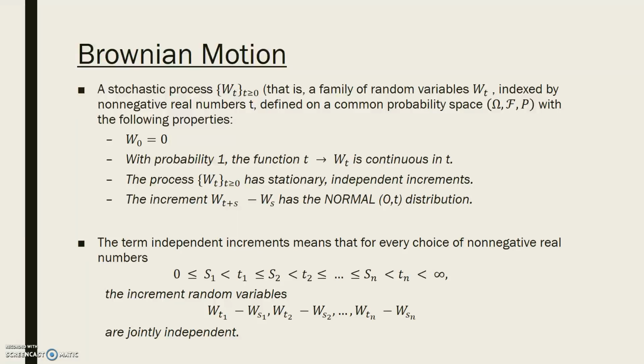And here the term independent increment means that for every choice of non-negative real numbers, let's say 0 less than or equal to s1 less than t1 less than or equal to s2 less than t2, and so on, the increments of random variables W_t1 minus W_s1, W_t2 minus W_s2, up to W_tn minus W_sn, where n represents the number of random variables, are jointly independent.